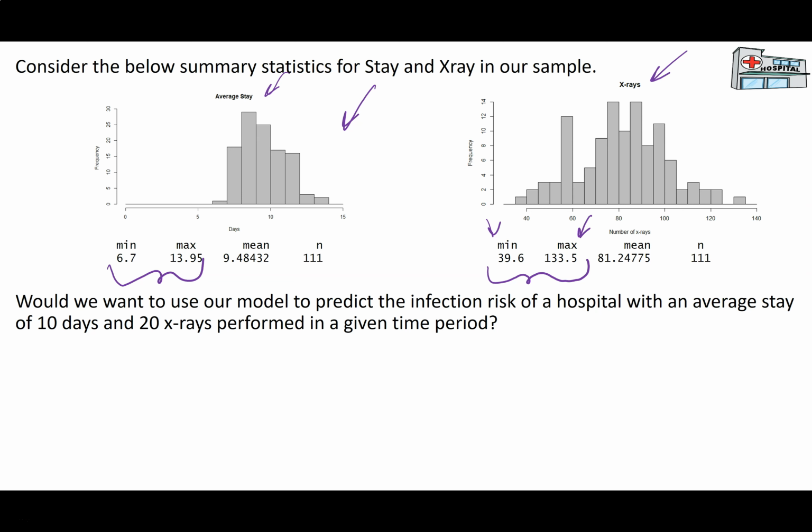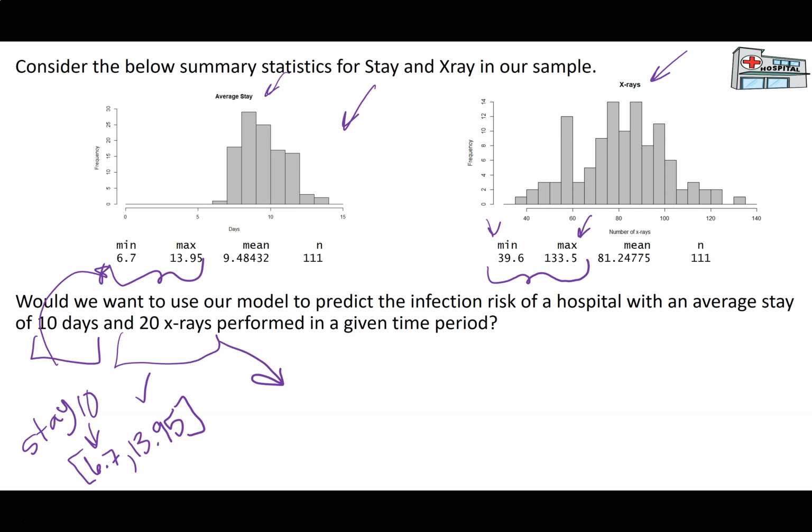So here, would we want to use our model to predict the infection risk of a hospital with an average stay of 10 days and 20 x-rays? What we want to do is make sure we're not extrapolating. So here, 10 days, 10 is between 6.7 and 13.95. So stay is okay. But then if I look at number of x-rays, 20. I want to know, is it between 39.6 and 133.5?